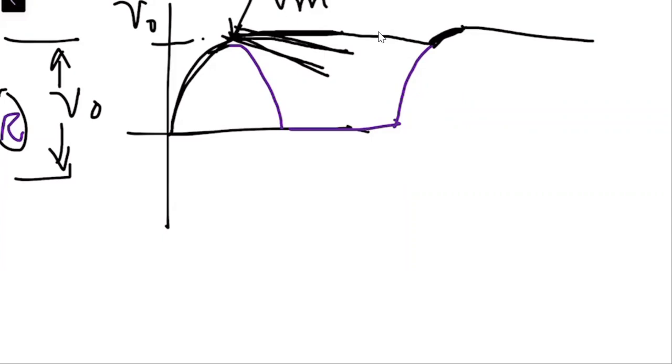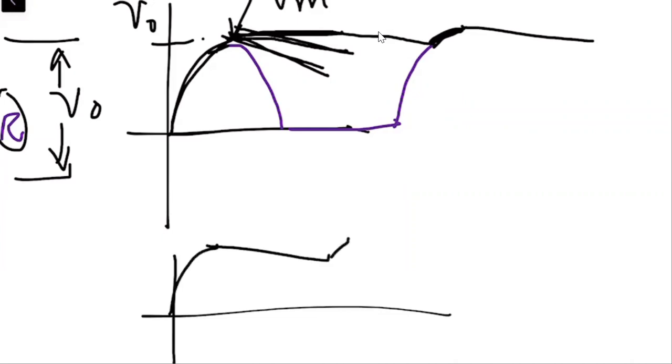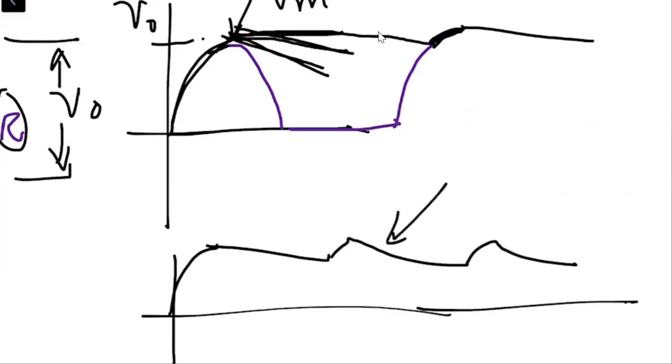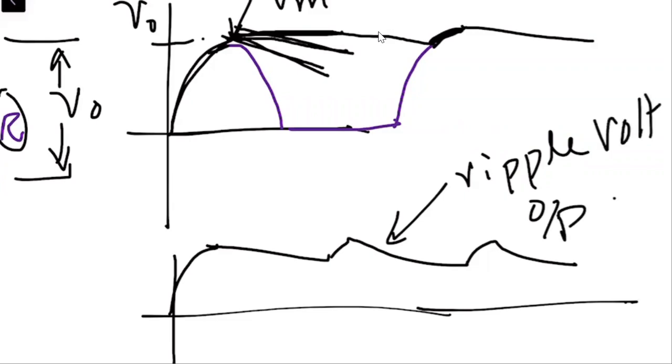This is also called ripple output, because the output, if you see, will be something like this. It is something like this. So this output is normally called ripple voltage.